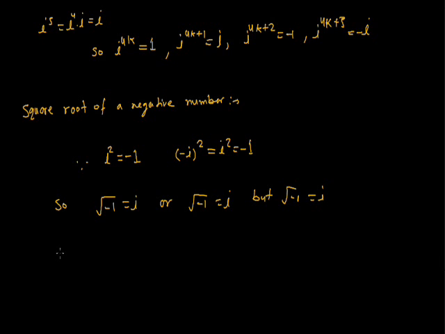So here, if a is a positive real number, then under root minus a is equal to under root a into under root of minus 1, or we can write it as under root a iota.